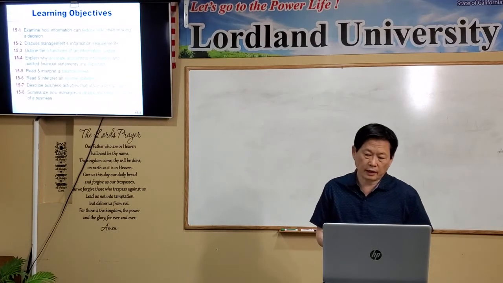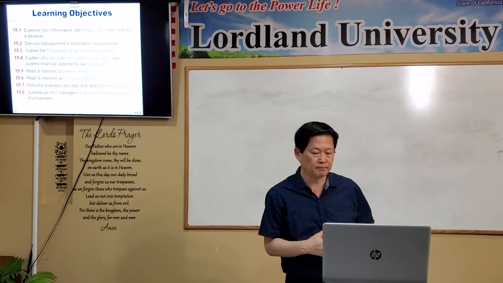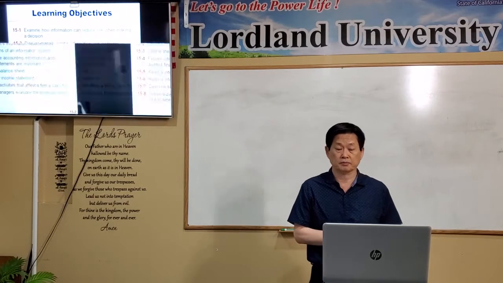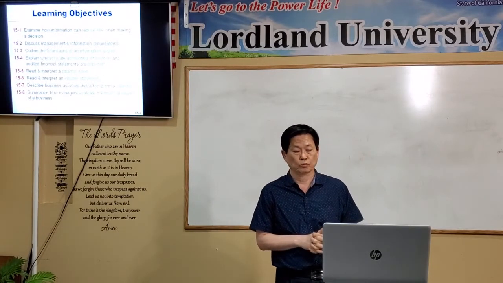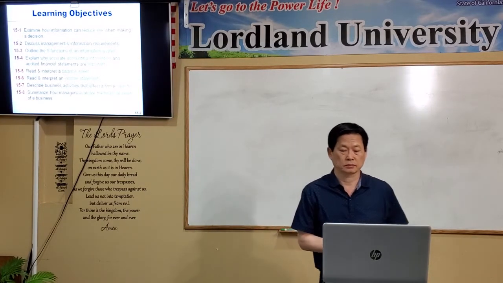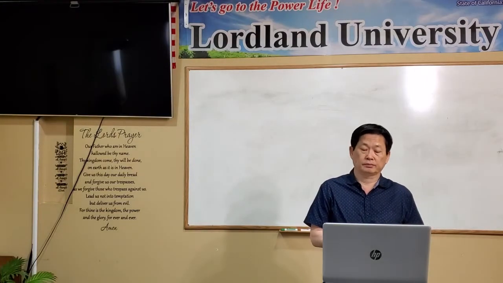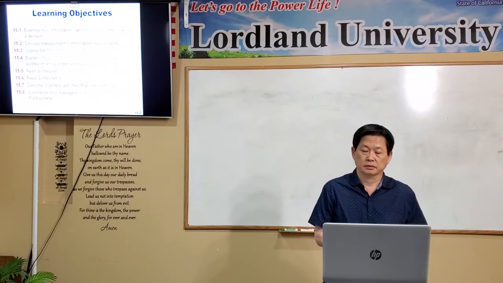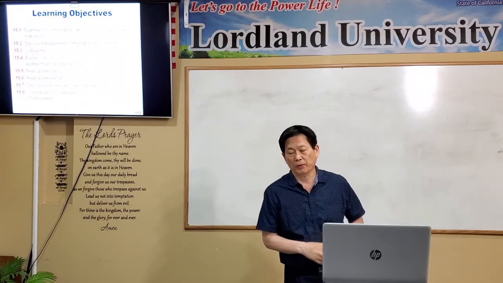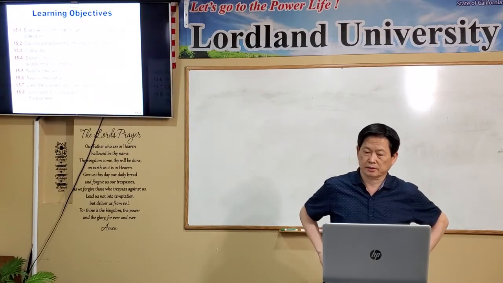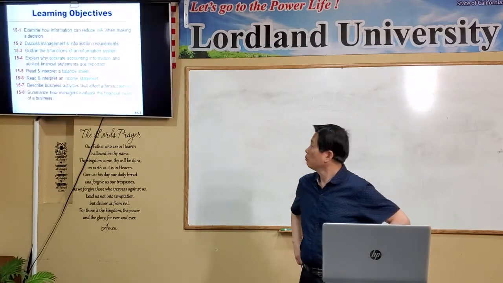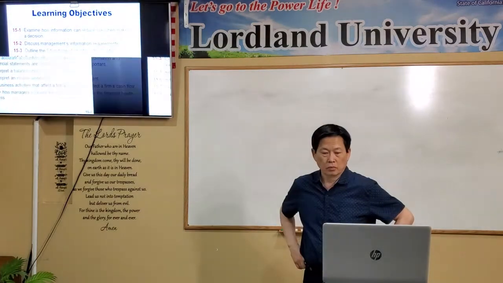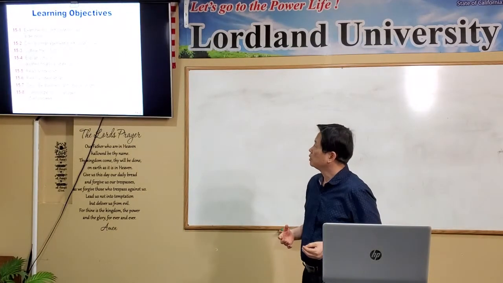There are eight topics in this chapter. Topic 1: we will examine how information can reduce risk when we make a decision.